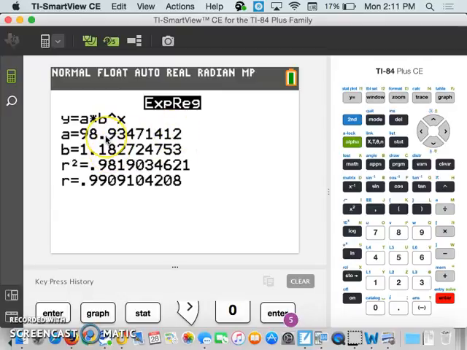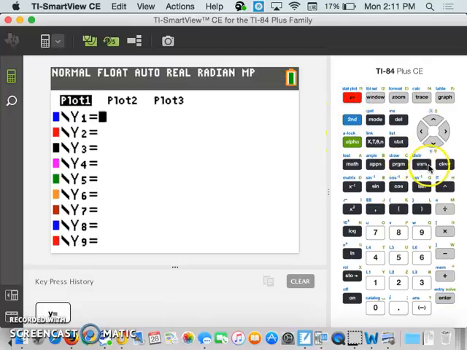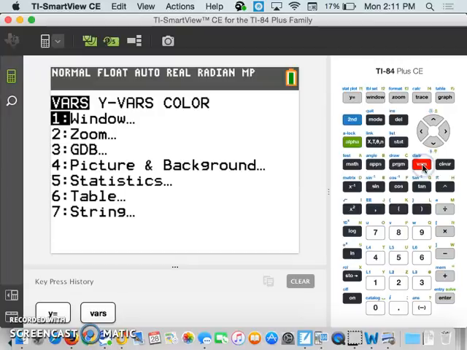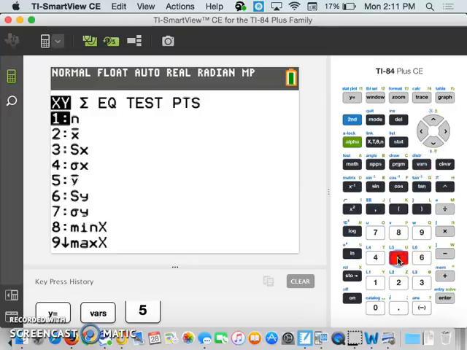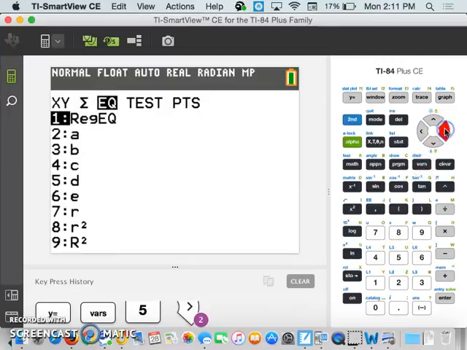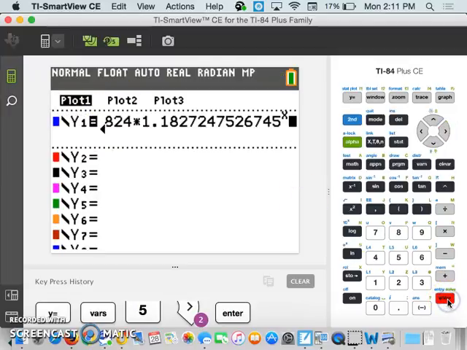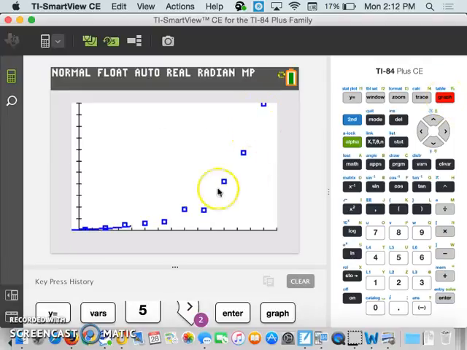So in order to paste that in, you immediately run the regression, then you push y equals, come here to vars, and we are dealing with statistics, so we click 5. We want to come over here to EQ for equations. We want to paste a regression equation, so push enter, and it incorporates all those crazy decimals and then some. And then when we push graph, not only will we have the scatter plot, but then we will also have that really nice curve of best fit, so to speak.